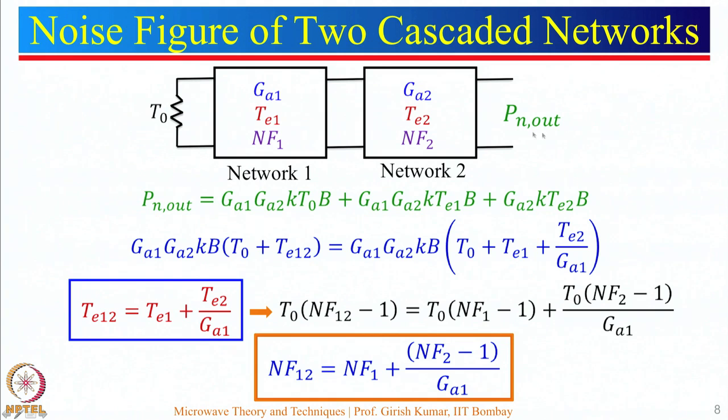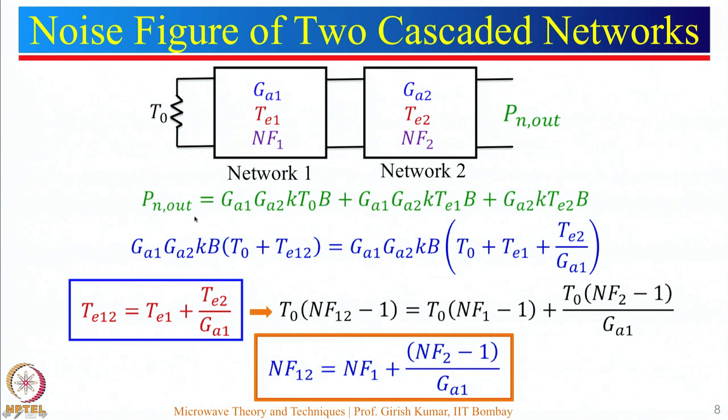Now we want to find out what Pn out is. I just want to mention here that it shows a resistor here, but it is represented by T0. This is nothing but a standard temperature which is equal to 290 degrees. So, let us see how we can find the value of Pn out.